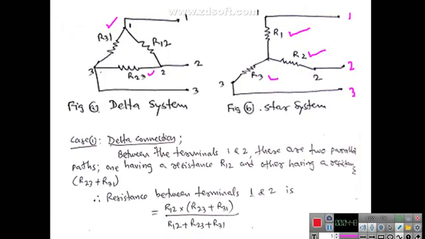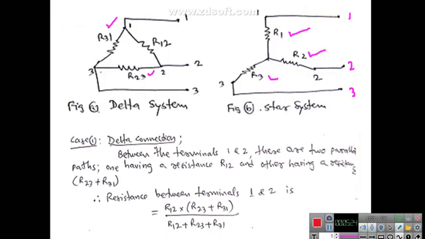You can say this delta system is equal to the star system only if you measure the resistance between a pair of terminals, say between 1 and 2, and similarly in the delta system as well as in the star system. Suppose we measure the resistance between terminals 1 and 2 in the delta system. Case 1, delta connection between terminals 1 and 2. There are two parallel paths. What are the two?